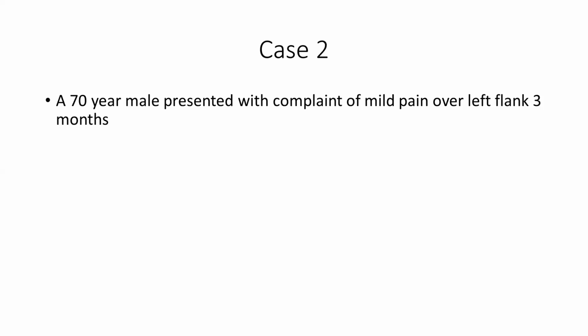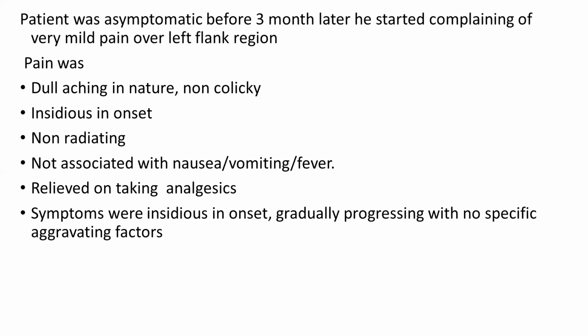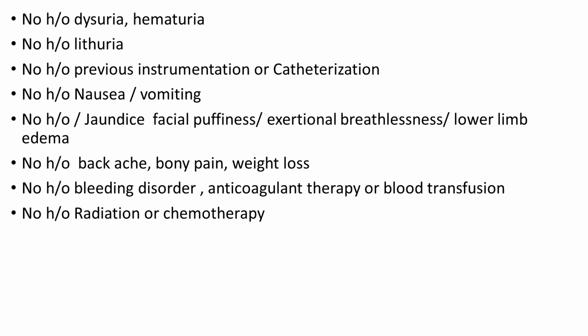70-year male patient came with complaints of mild left flank pain for 3 months. Patient was asymptomatic before 3 months, after which he started developing mild left flank pain, dull aching in nature, non-colicky, insidious in onset, non-radiating, not associated with nausea, vomiting, fever, relieved on taking analgesics, and gradually progressive.